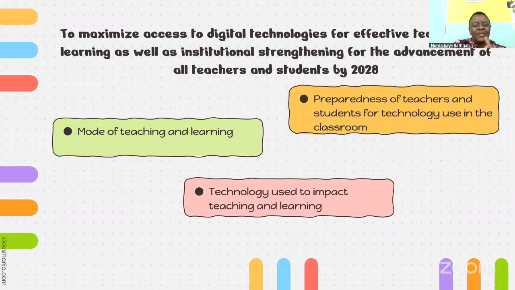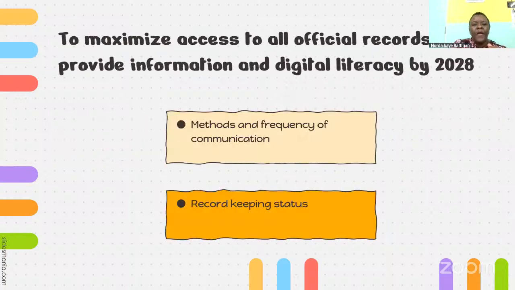Are you going to be using a mixed approach of teaching and learning? So online plus physical school. All right. And then now we look at record keeping. Currently, suppose you're using just hard copies and you want to move into a digital age.